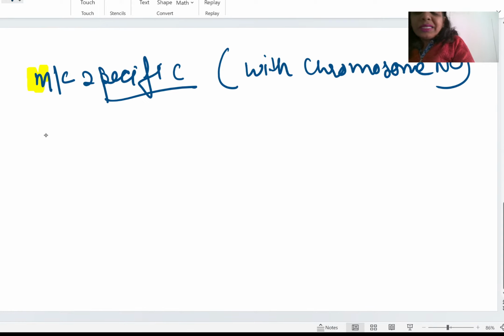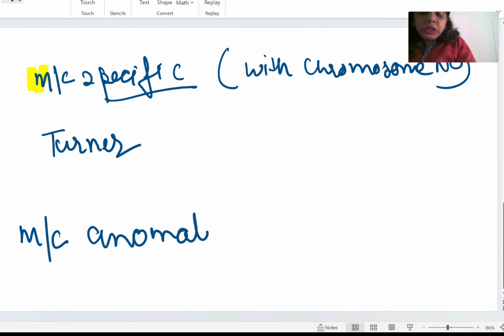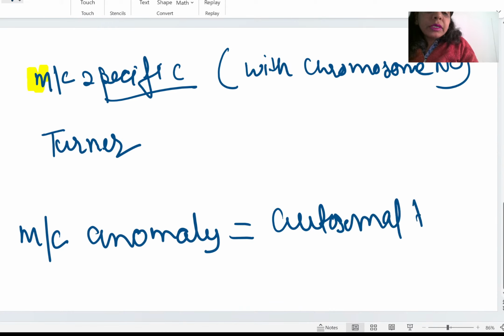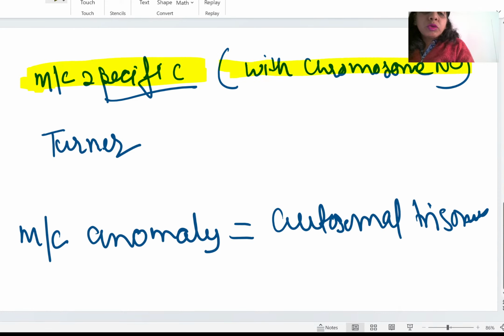Then you will say Turner. If they ask you the most common anomaly, then you tell autosomal trisomy. Is it clear? Should we go ahead, Dr. Rachna? When they ask specific, that is with chromosome number, you say Turner. And when they are not giving you the number, then you say autosomal trisomy.